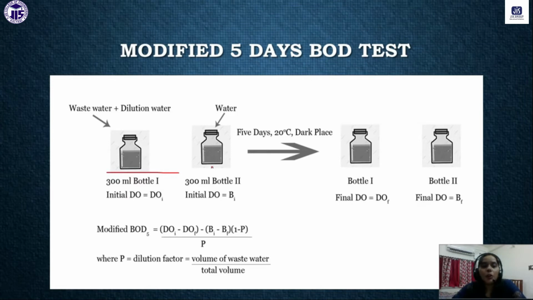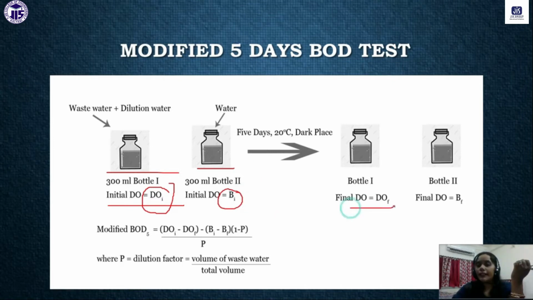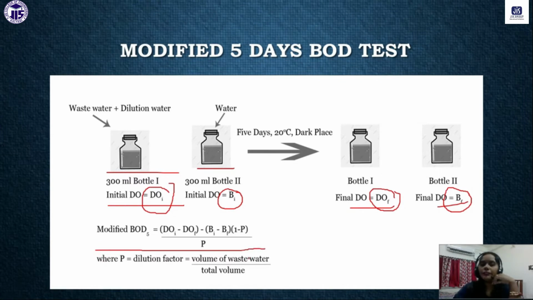These are the bottle 1 and bottle 2 we have taken. Initially the dissolved oxygen is DOI for bottle 1, and for bottle 2 it's BI. After 5 days, for bottle 1 the final dissolved oxygen is DOF, and the final DO for bottle 2 is BF.